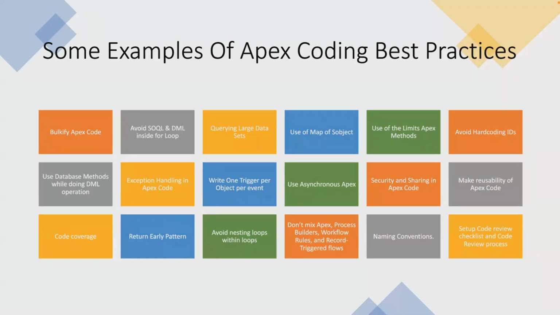Avoiding nested for loops within for loops. Whenever we write nested for loops, it will reduce the efficiency and performance of the code. We don't have to mix all the automation rules and Apex for a single requirement.